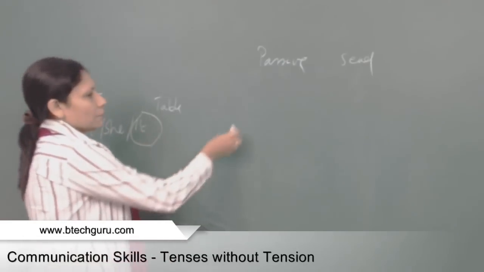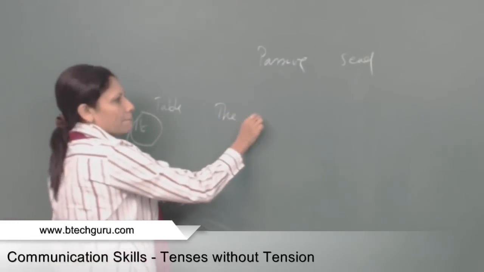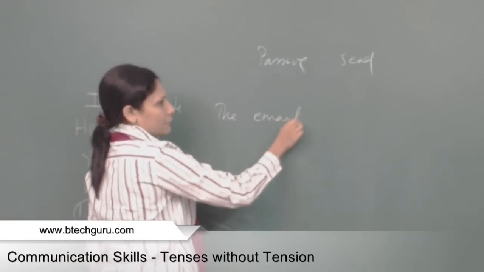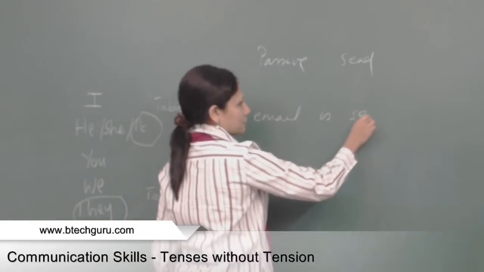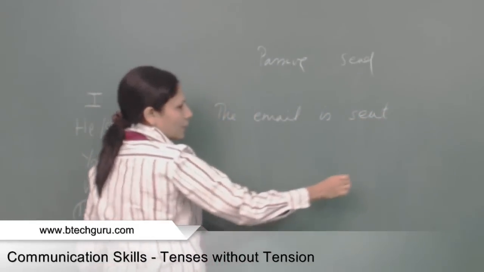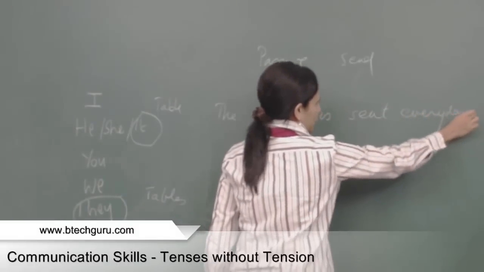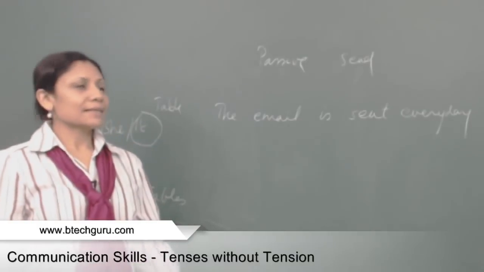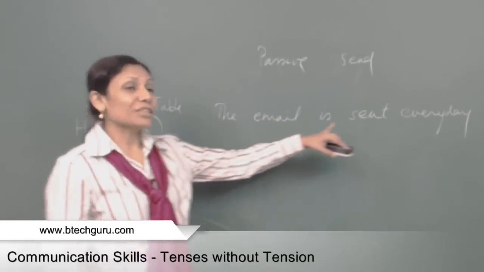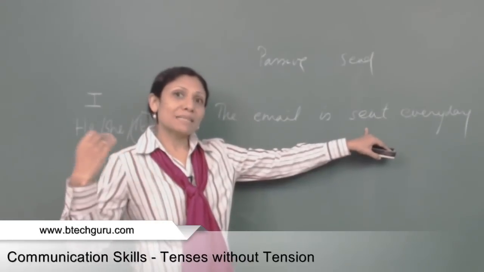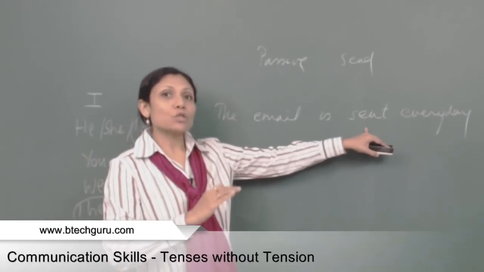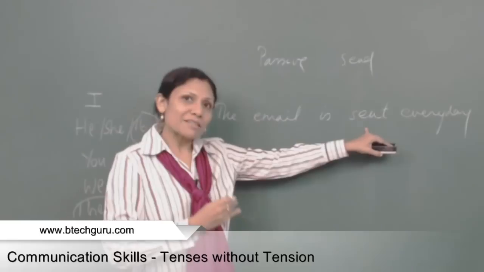So how will it come? The email is sent every day. Now if you look at this sentence, the email cannot send itself. It's being done by some other party, and that is why this tends to be how you look at it as passive voice.